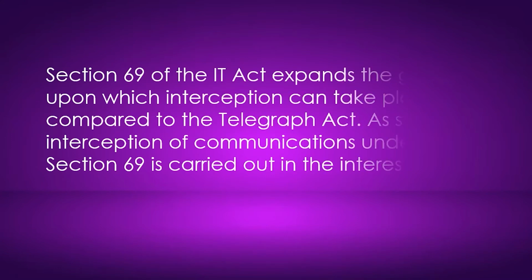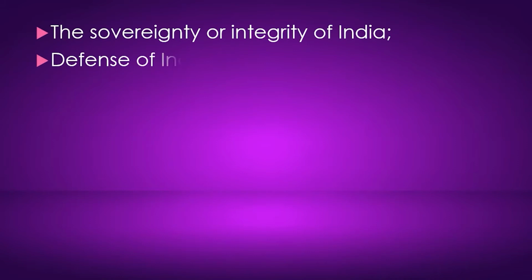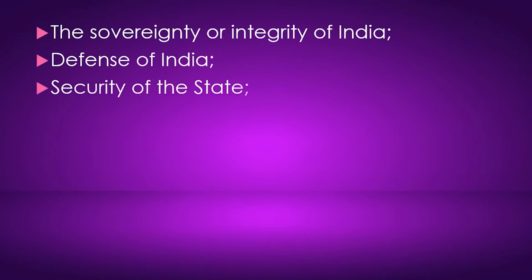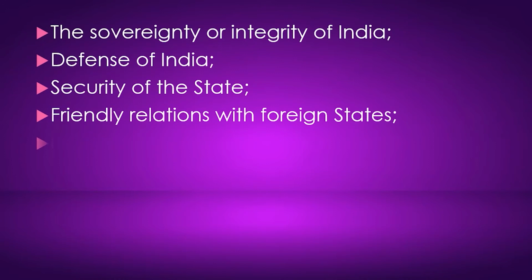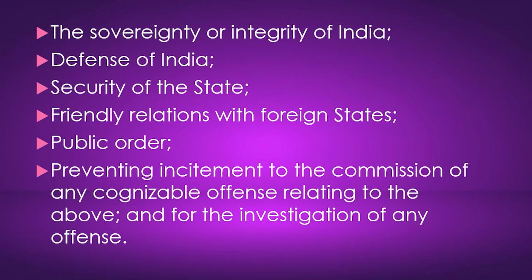The Act expands the grounds upon which interception can take place as compared to the Telegraph Act, which was passed some 100 years ago. As such, the interception of communications under section 69 is carried out in the interest of the sovereignty and integrity of India, defense of India, security of the state, friendly relations with foreign states and public order, preventing incitement to the commission of any cognizable offence relating to the above, and for the investigation of any offence.